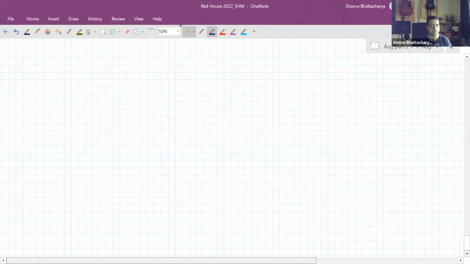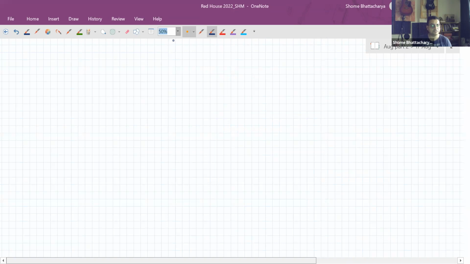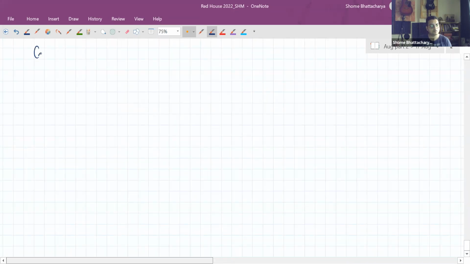Okay, now let's take another approach for the constraint relation, by the approach and separation velocity concept.